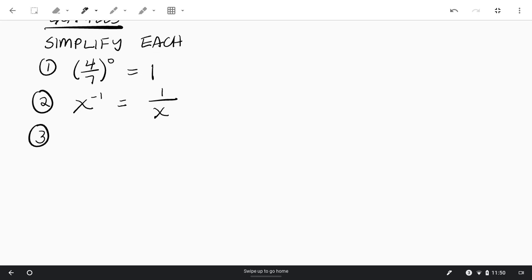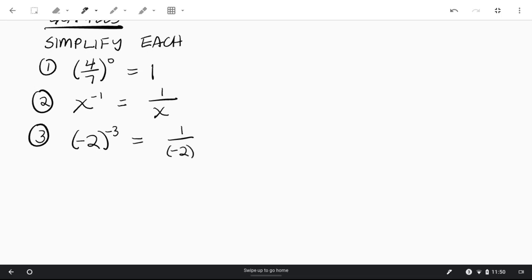Okay, if we have this one here, negative 2, that's the base. And we're going to raise that base to the negative 3. So again, since that exponent, negative 3, is negative, then we take the reciprocal, 1 over negative 2, and it's the exponent that becomes positive. And then we would go ahead and work that out.